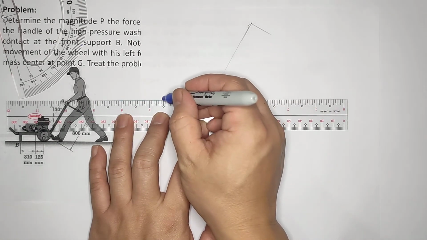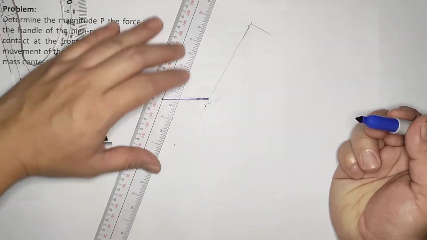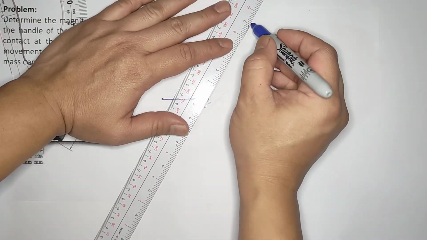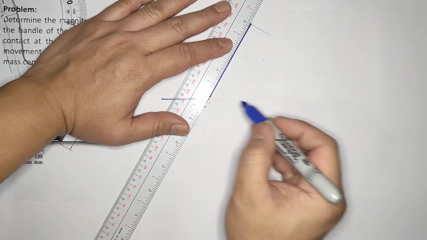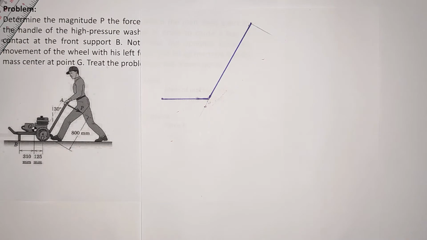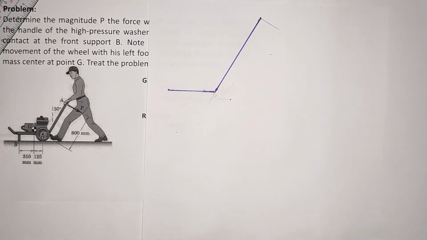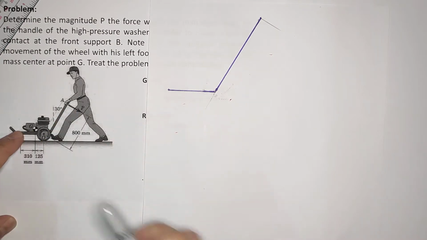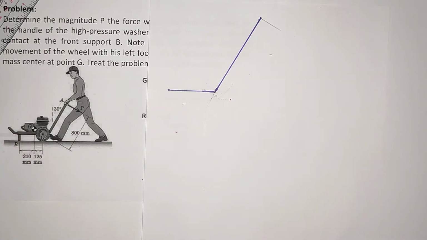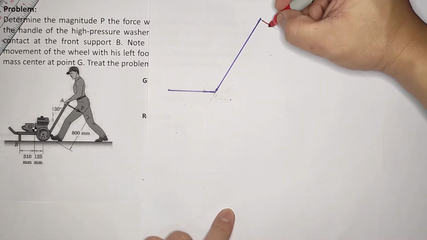Then we will indicate the forces later. Now, what are the forces connected to this frame or to that system? First, you have the force P. It is here.